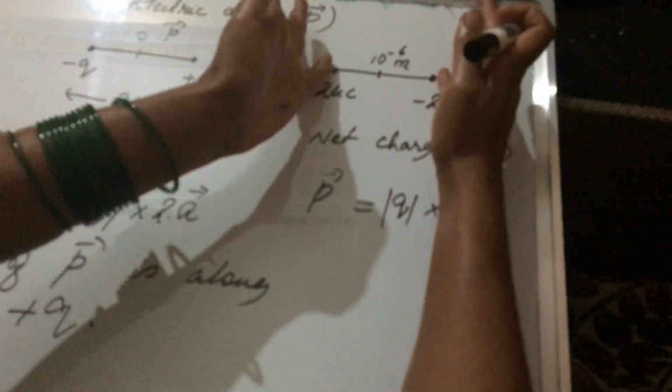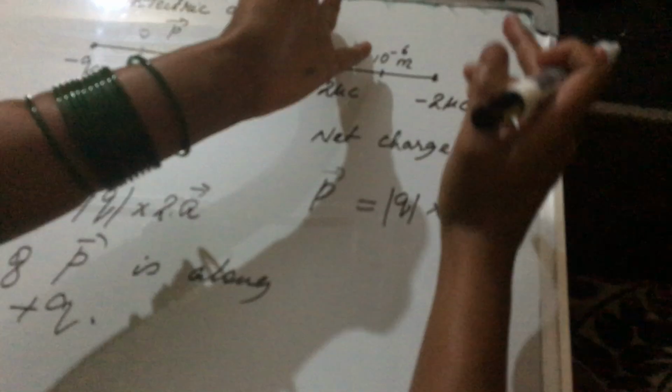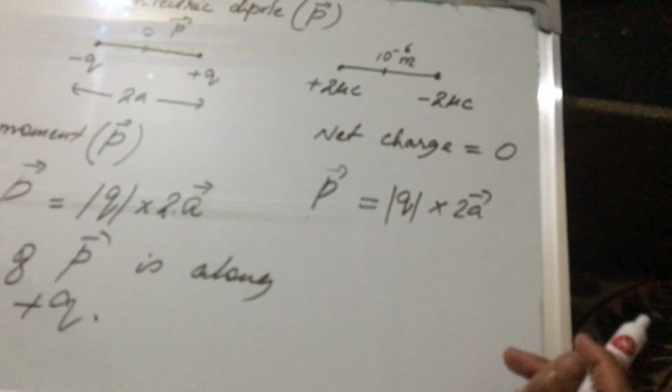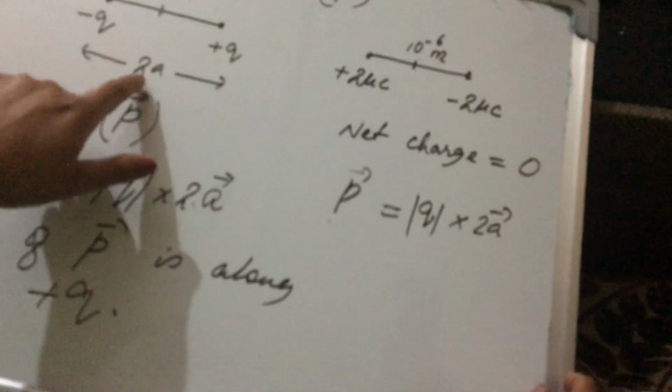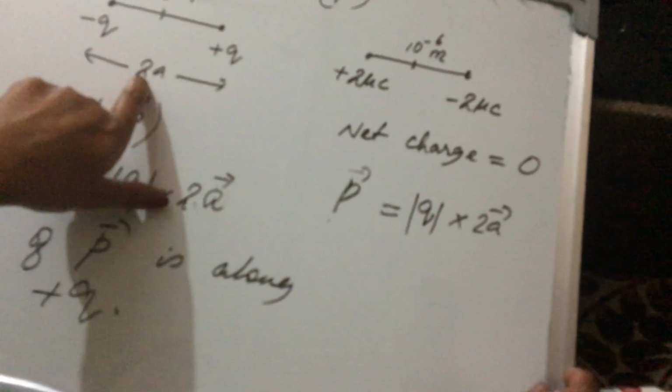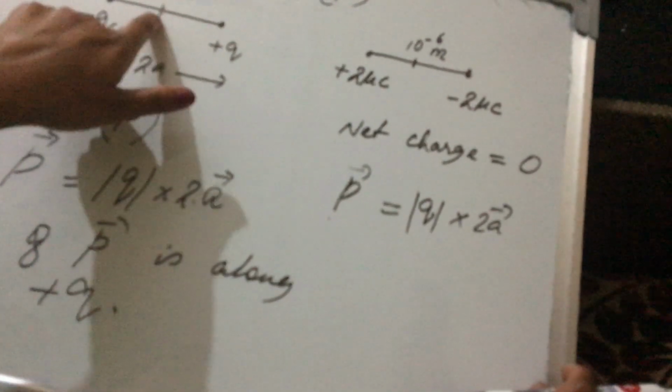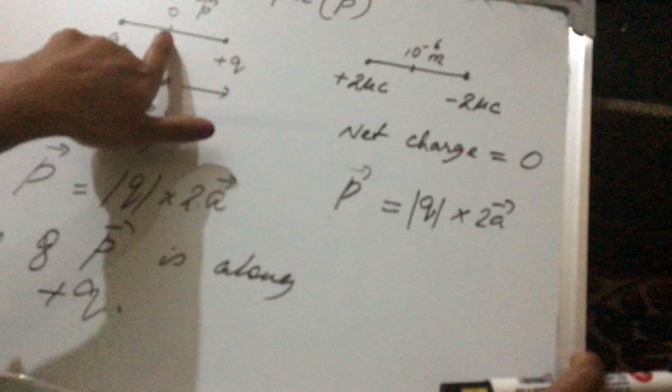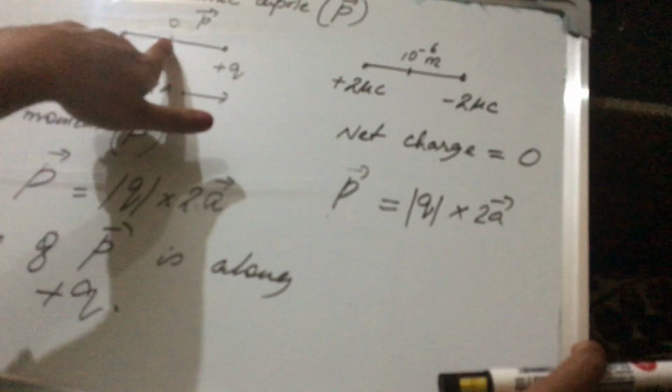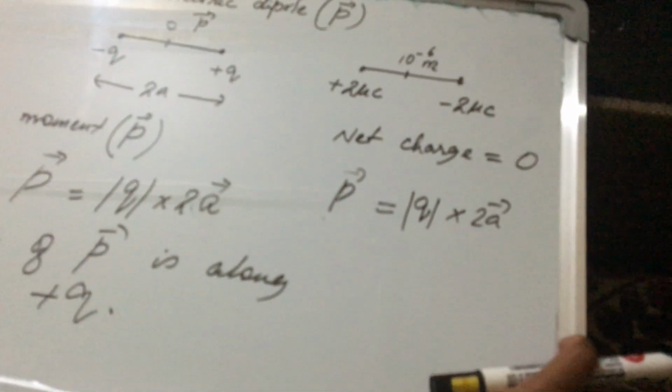That means basically we are choosing this distance. This distance is already, we know, 10 to power -6. Remember, this 2 has come in the formula because we are choosing the origin at the center.